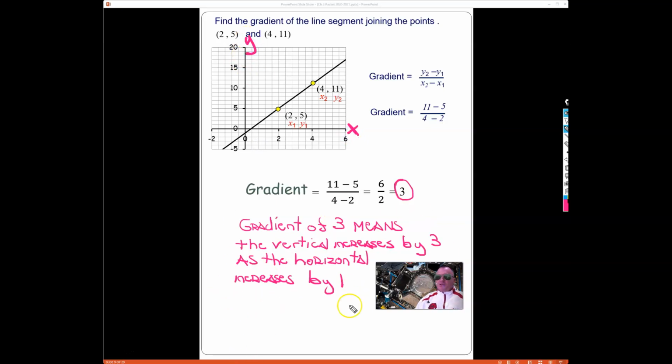But in just its purest form, a gradient of 3 would mean the vertical increases by 3 as the horizontal increases by 1. So for every 1 unit in the horizontal direction, the vertical direction is going to increase by 3 units.